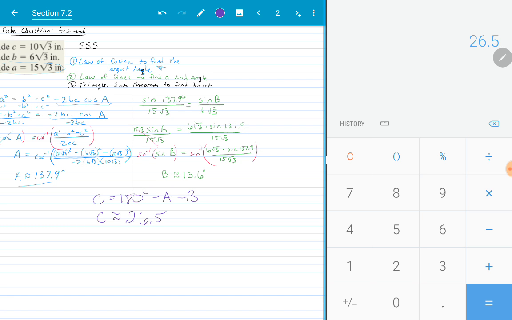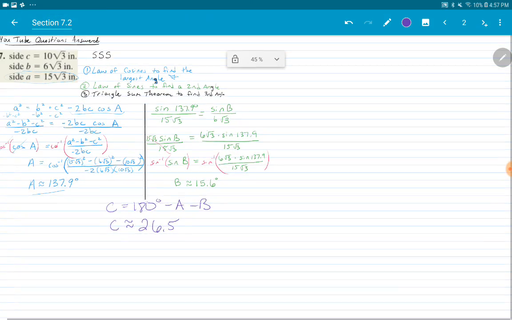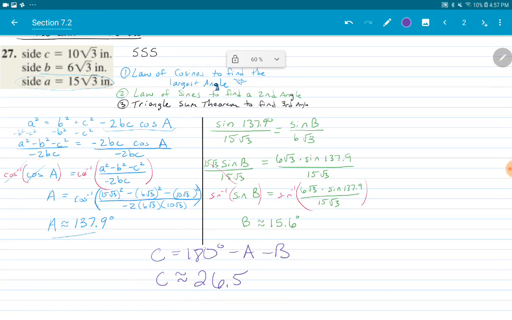So that completes my triangle. I now have sides A, B, and C, and I was already given sides A, B, and C.